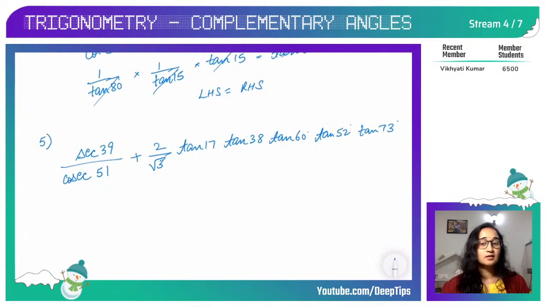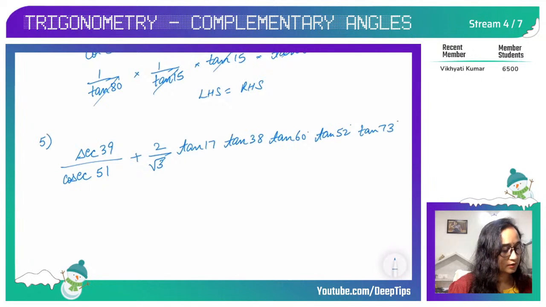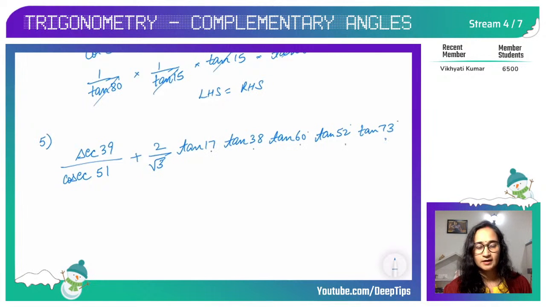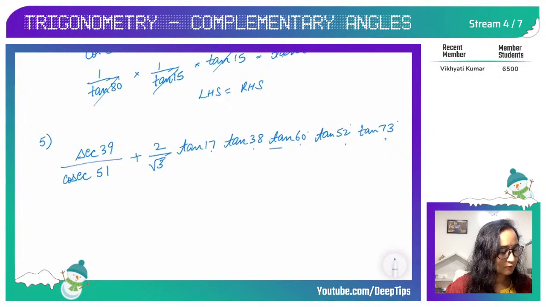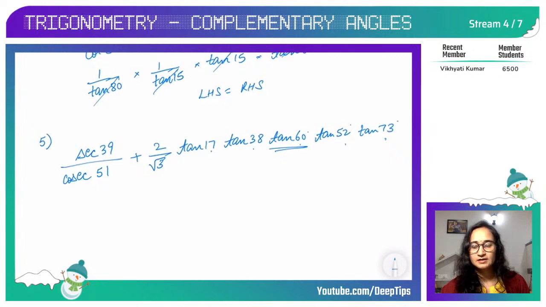So again, the mantra to solve these questions is to first identify the pairs. So here I can clearly see that 39 plus 51 gives me 90. So 39 and 51 are complementary angles. Now when I look here, I have 1, 2, 3, 4, 5 different angles, but I know the value of this particular angle, tan 60.